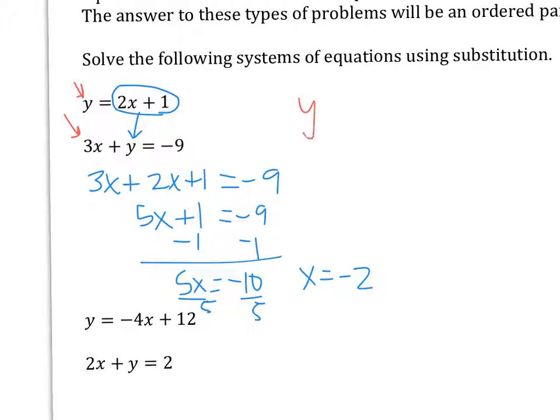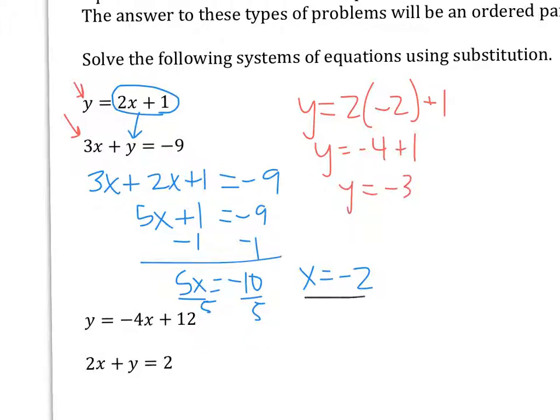So I'll say here y equals positive 2 times negative 2 plus 1. Negative 2 times 2 is negative 4 plus 1, so y equals negative 3. So as an ordered pair, my final answer would be negative 2, negative 3.